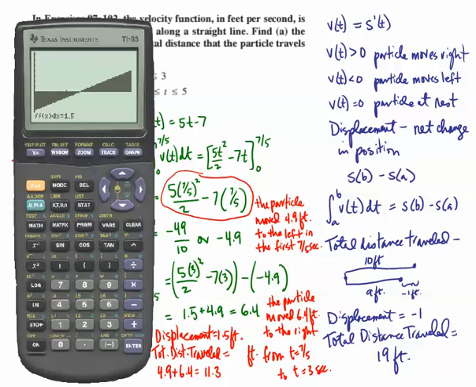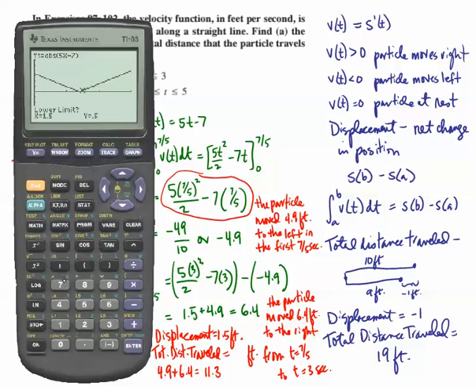Now, if I wanted to show how I could get the total distance traveled, I'm going to make a slight change to my original function. I hit second, delete, which is insert. I'm going to go to the math key and then to absolute value, and this time I'm going to graph the absolute value of my function, and you'll see that the part that was negative has now been reflected over the x-axis as if it were positive.